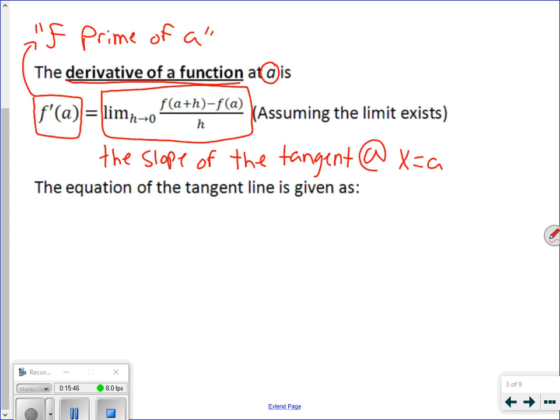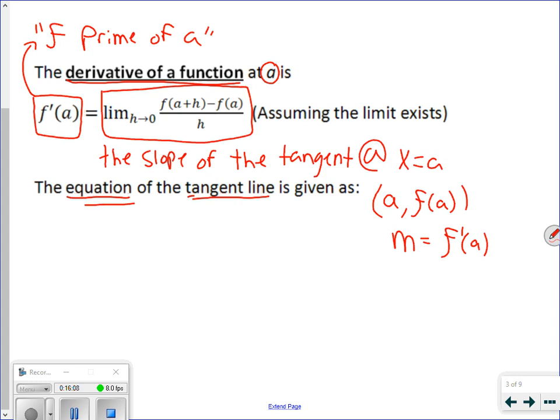Now, since it is going to be the slope of a line, the equation of that line, right, we've estimated it in previous classes, but the notation I'm going to use is the point is going to be a and f of a, and the slope is going to be notated as f prime of a. That just means the slope at that specific point.